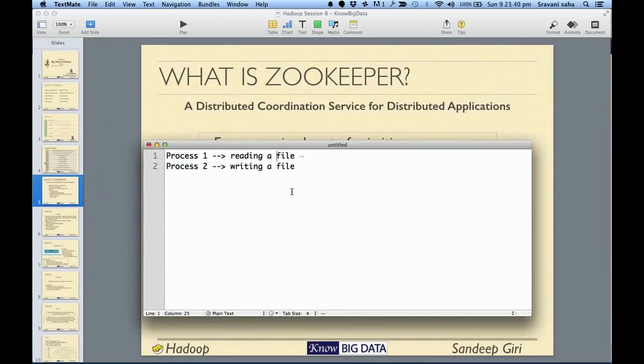Let's say both are writing to the same file. Now you can imagine if there are two things writing to a file, what will happen to the data inside the file? It will get corrupted. So a race condition generally leads to a corrupted data set.